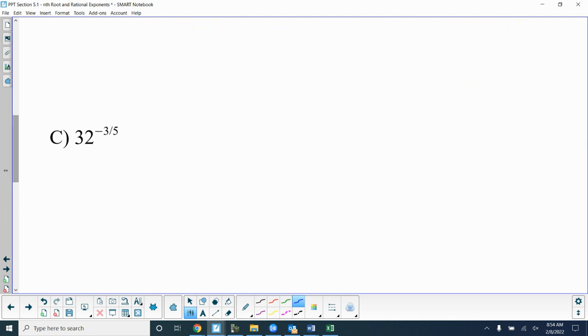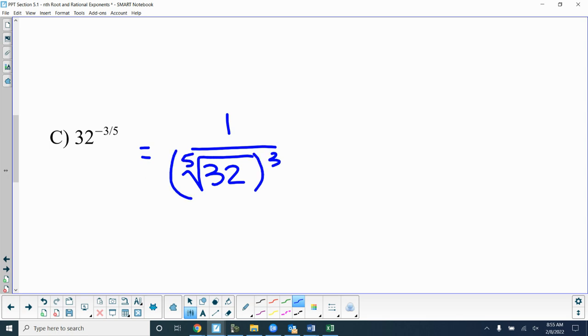Now, what do we do here since it was negative? Make it 1 over 32, the 5th root to the 3rd power, right? Make it positive, though, then. Now, if we're not sure here, we could go, 4 times 8, 2 times 2, 4 times 2, 2 times 2. What do we see? 5 2s.